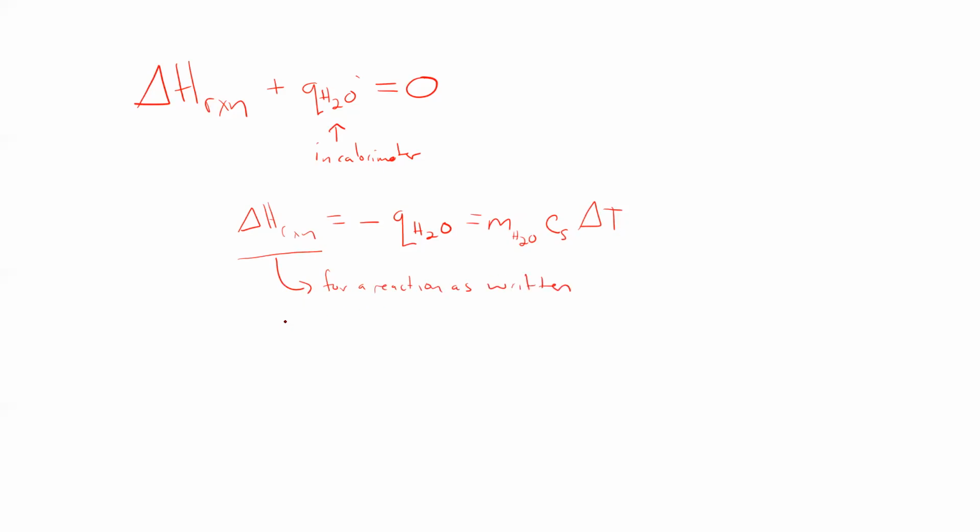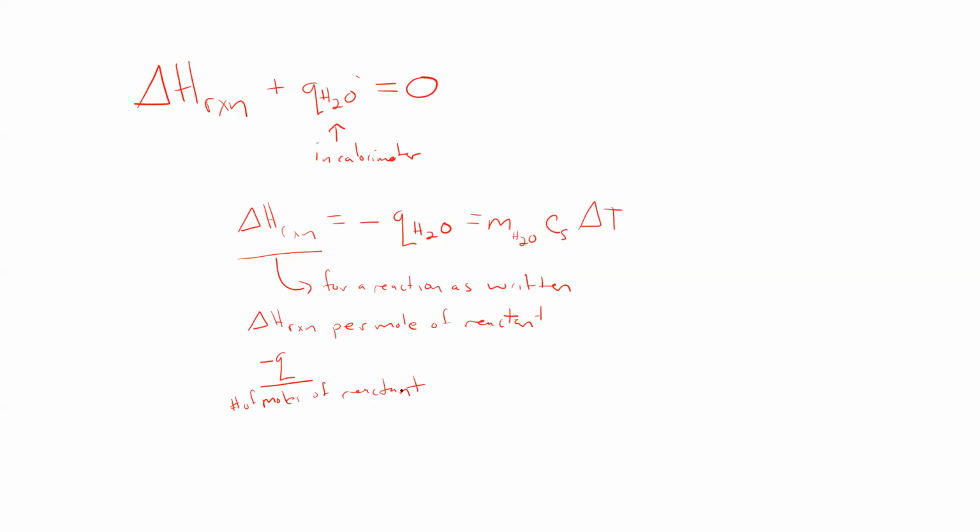You can also figure out the heat per mole, right? So you could say the delta H of a reaction per mole of reactant would just be the Q, or negative Q, I should say, that's associated here per number of moles of reactant.